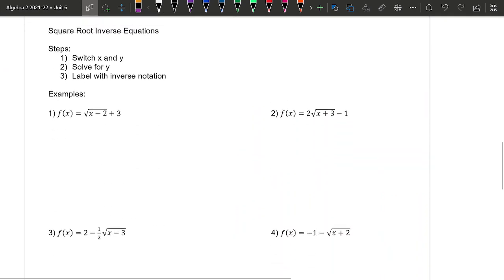On the back, we're going to find the inverse algebraically. And again, this works exactly the same no matter which function you're doing. There are some steps: switch x and y, solve for y, and label with inverse notation. My notes for this are swap and solve, which is the same thing as what's listed.